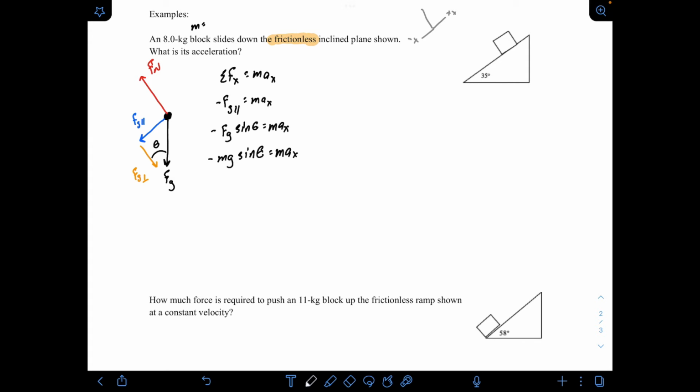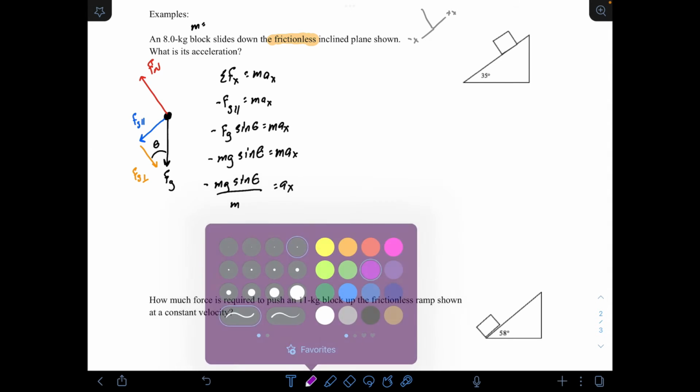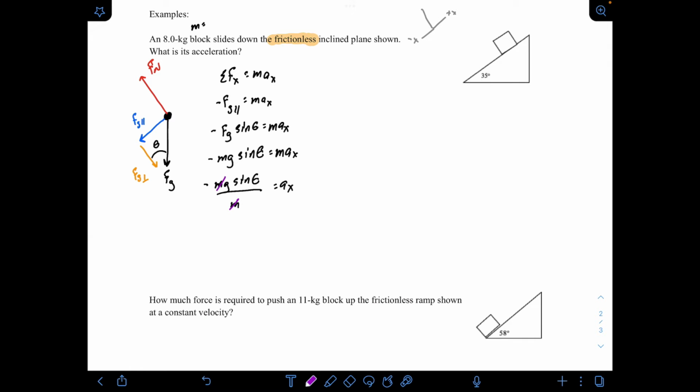And then if we follow the math here, it's negative mg sine theta over m equals ax. And if you notice, the masses cancel out, leaving me with negative g sine theta equals ax. Plug some stuff in here.